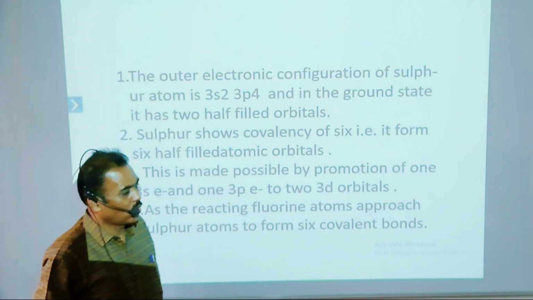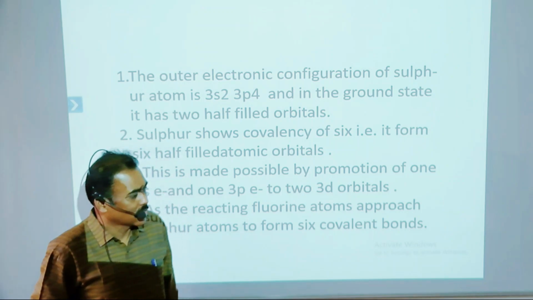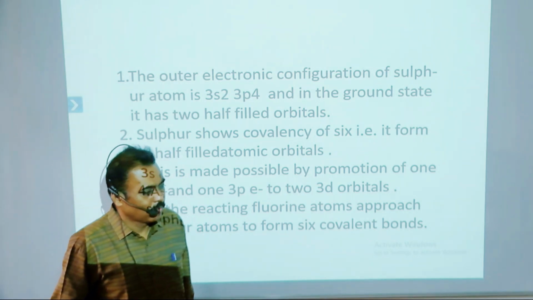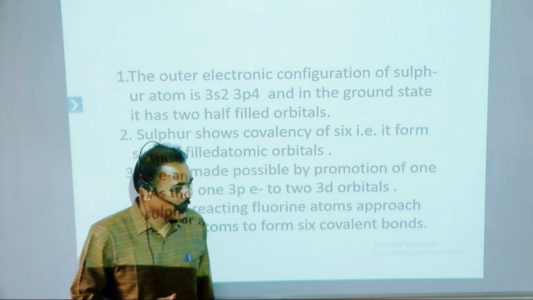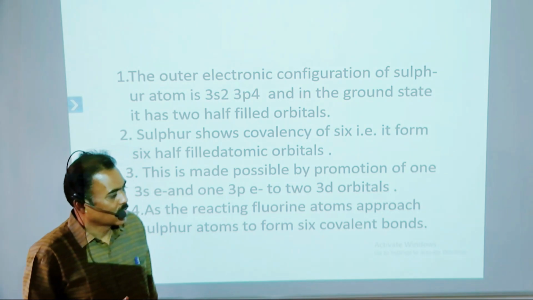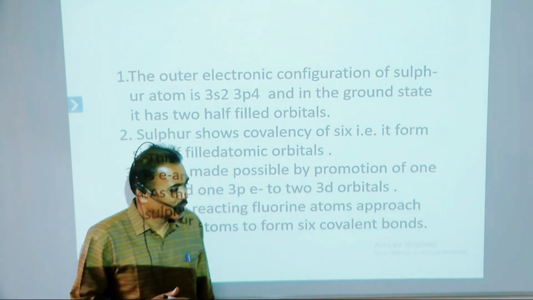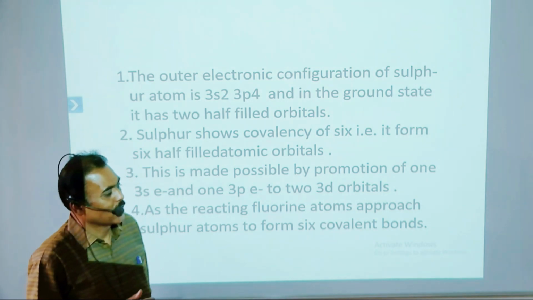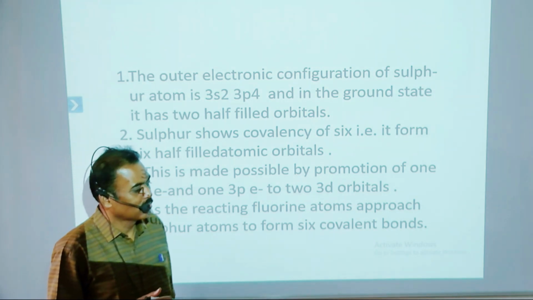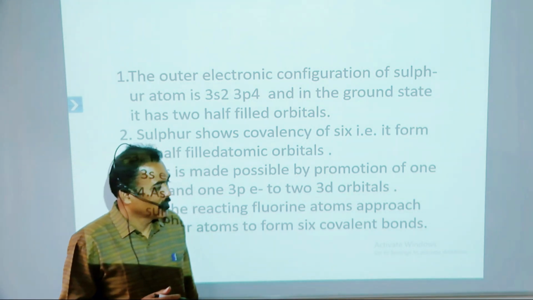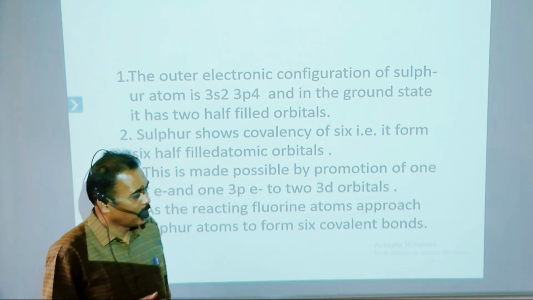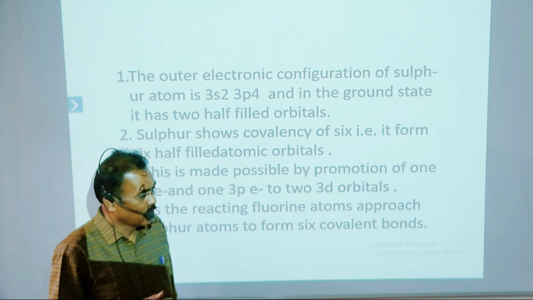The outer electronic configuration of the sulfur atom is 3s2 3p4, and in the ground state it has 2 half-filled orbitals. Sulfur shows a covalency of 6, that is it forms 6 half-filled atomic orbitals. This is made possible by promotion of one 3s electron and one 3p electron to 2 3d orbitals.